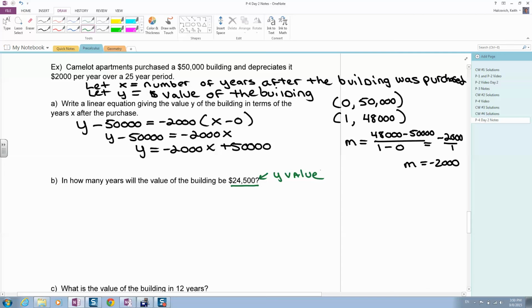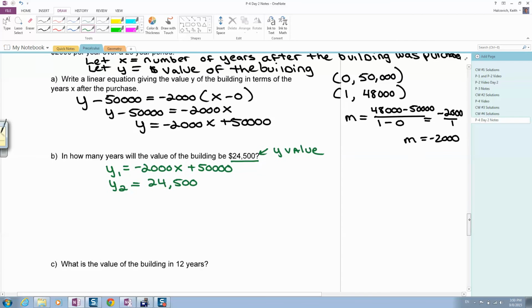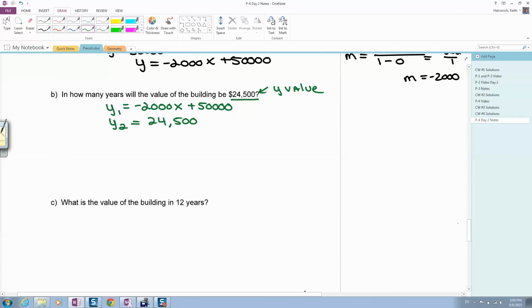So basically we know 2 things. We know an equation, our y sub 1, our equation is negative 2,000x plus 50,000. We know our y sub 2 is going to be 24,500. That's y sub 2. That's the value of the building after a certain amount of years.